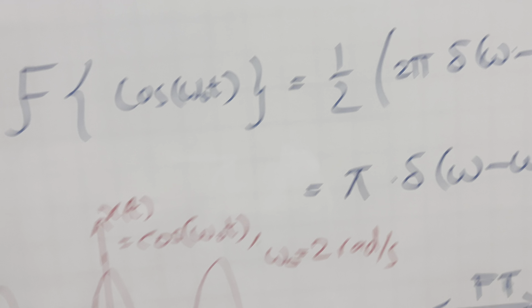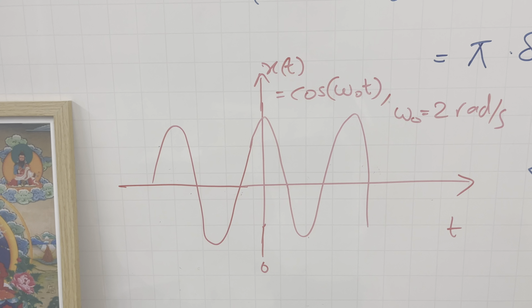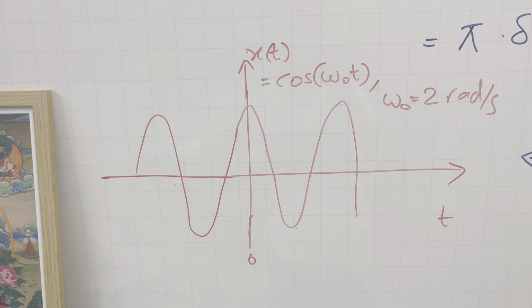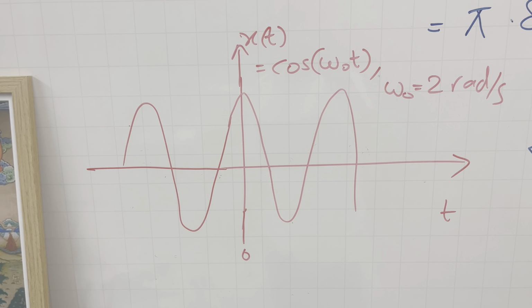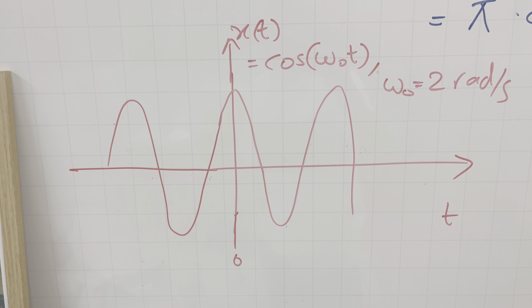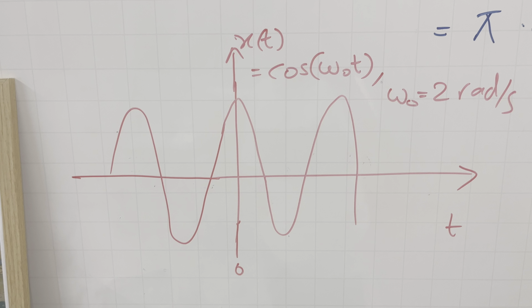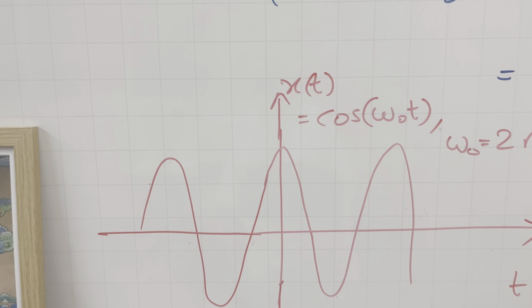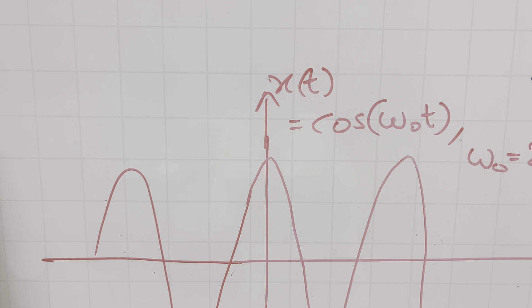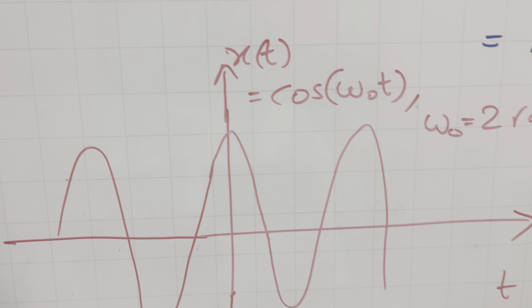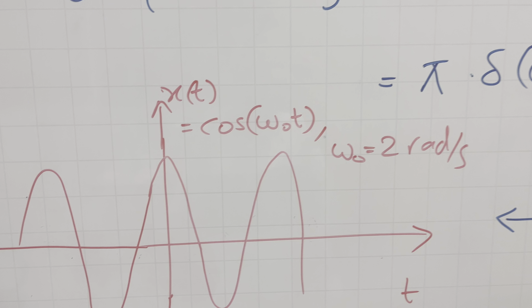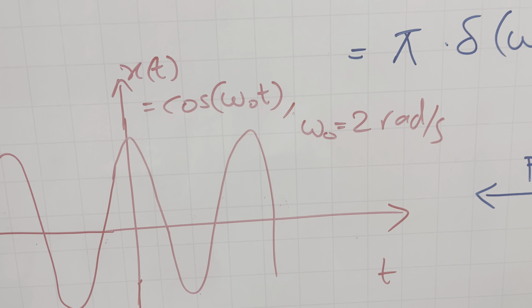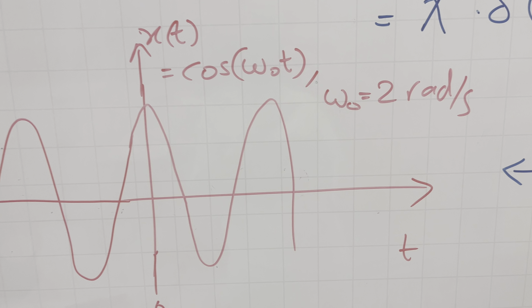Now if we represent the signal, this is the given signal cos omega naught t. Here the x-axis represents time t, which I have shown out here, and the y-axis represents the function x(t), which is cos omega naught t. Now I am considering the frequency omega naught equal to 2 radian per second.